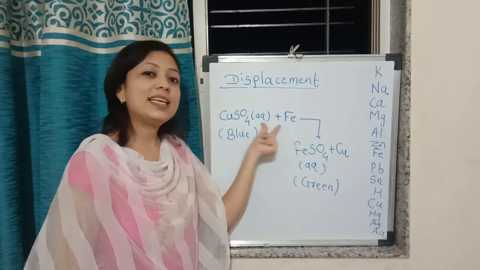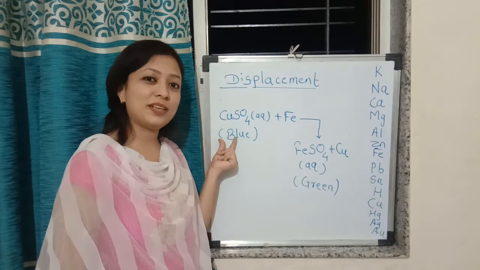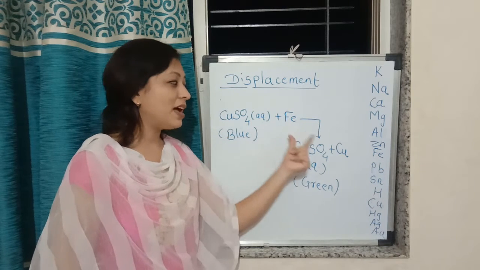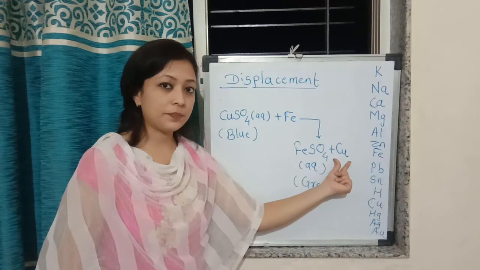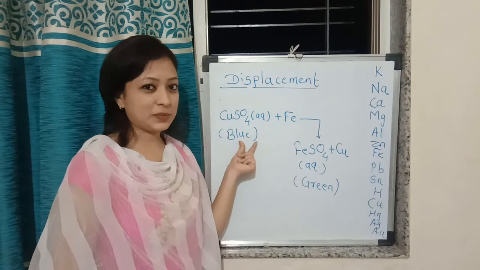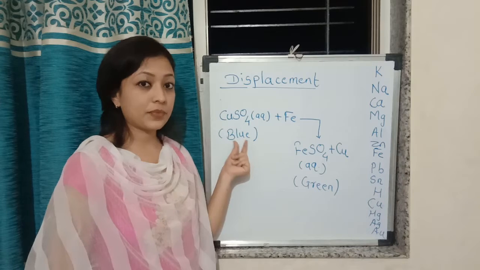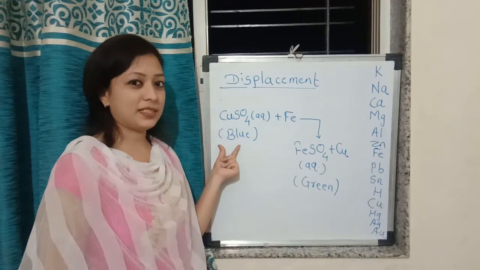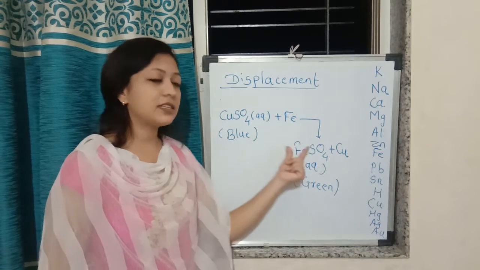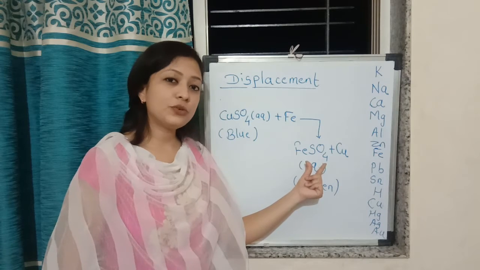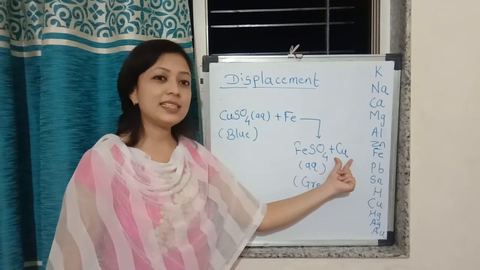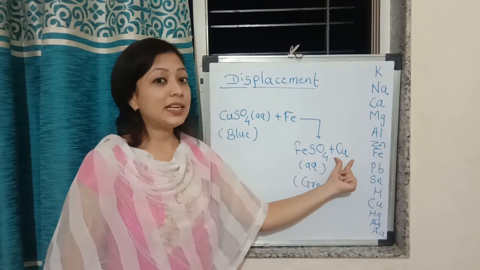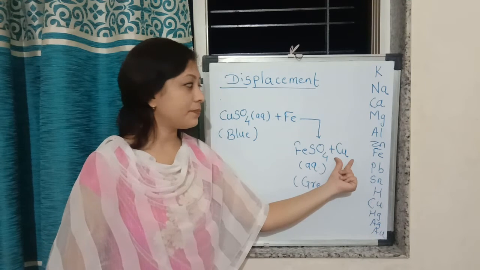So iron easily displaces copper from its salt solution to form ferrous sulfate, and copper is displaced out. Now what changes take place in this reaction? The blue color of copper sulfate solution changes to green color due to the formation of ferrous sulfate, and copper is displaced out.